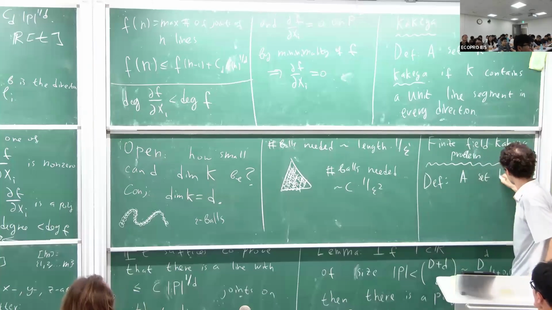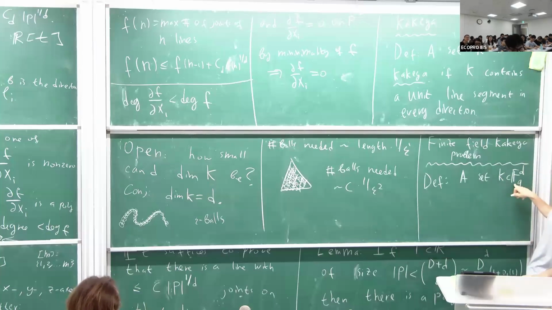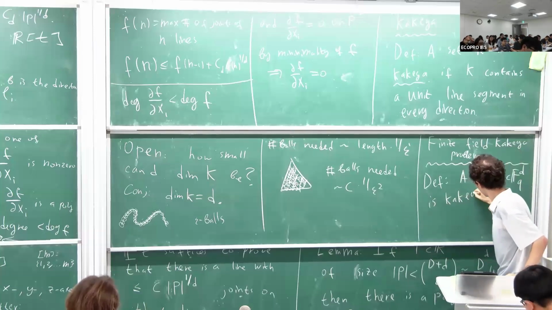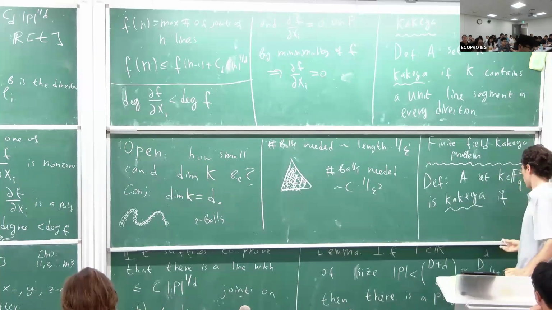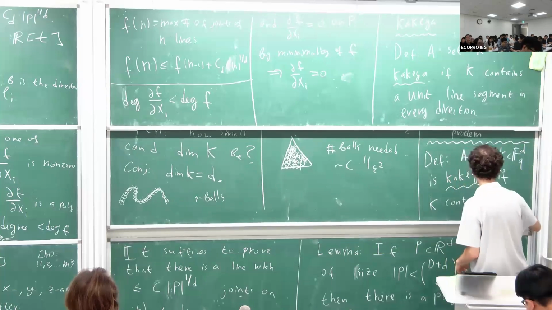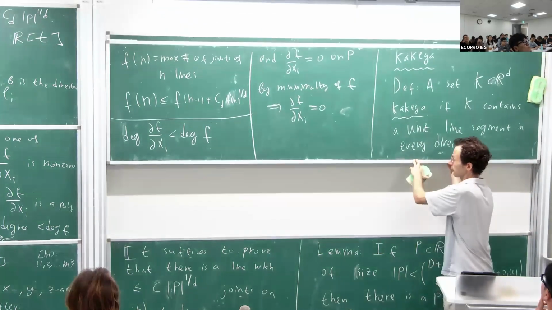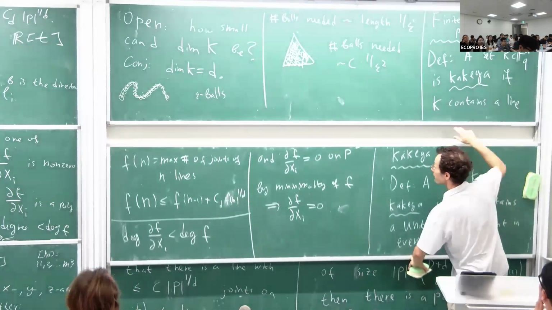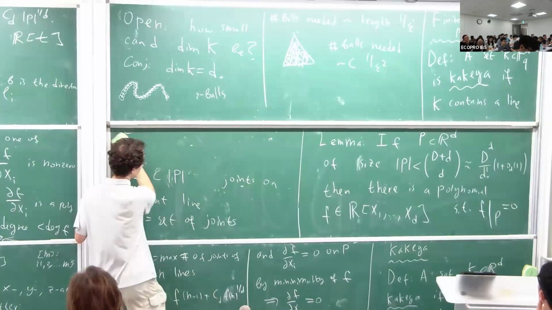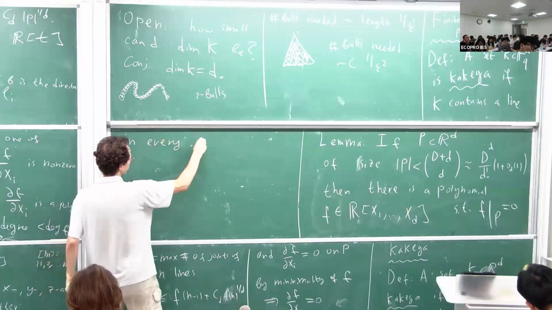A set K, where now I replaced R by a finite field with q elements, I will call Kakeya if it contains a line in every direction.